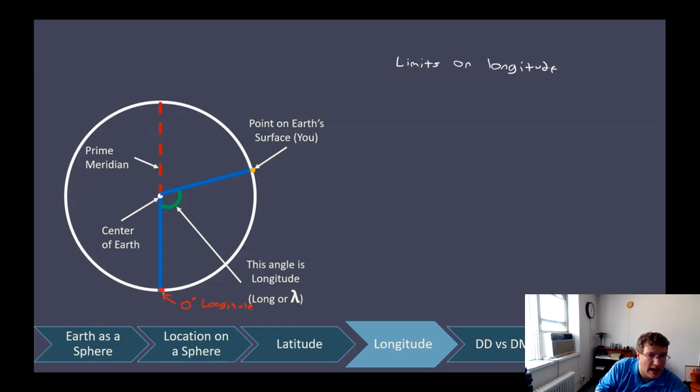And as we go east, so to the right of the prime meridian, this is increasing longitude.